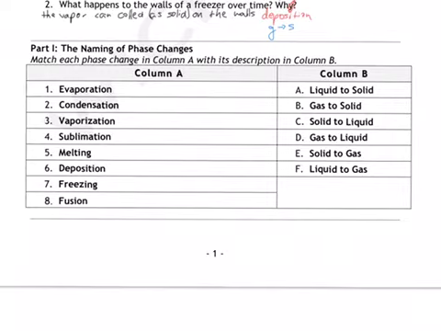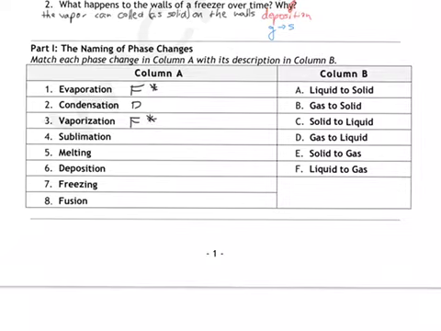Evaporation is the change from liquid to gas, which means that it matches up with F. And condensation is the change from gas to liquid, so that matches up with D. Vaporization is the change from liquid to gas, and that matches up with F. And this is interesting because F is appearing twice now.